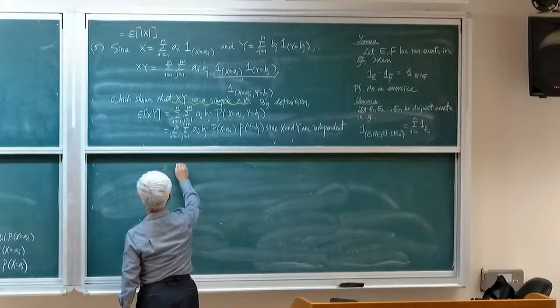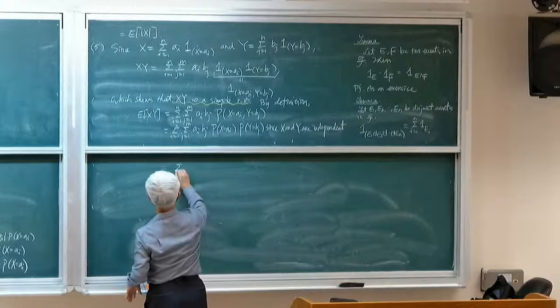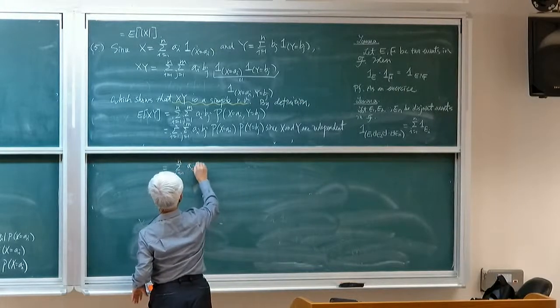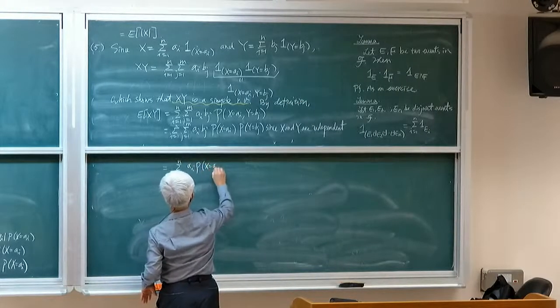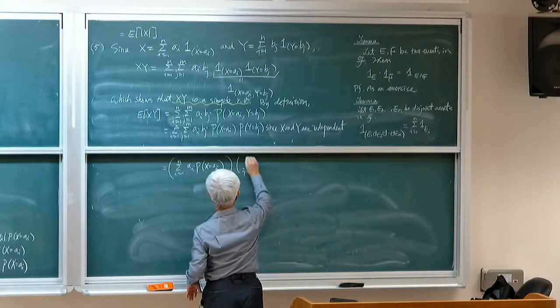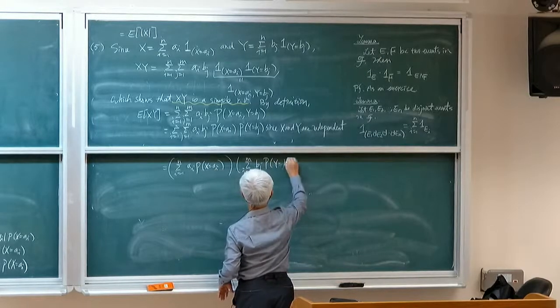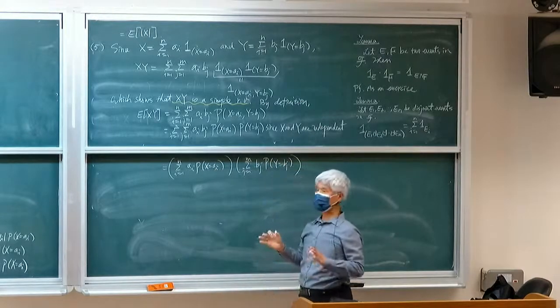So you can see this is a full product. This is the sum of a_i times the probability of x equal to a_i, times the sum over j from 1 to m of b_j times the probability of y equal to b_j.